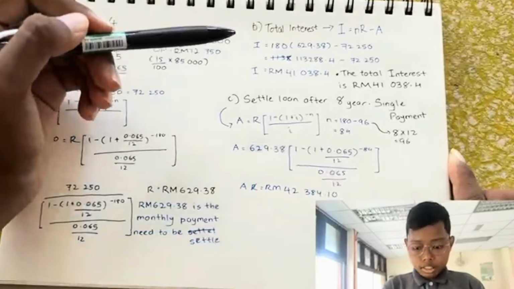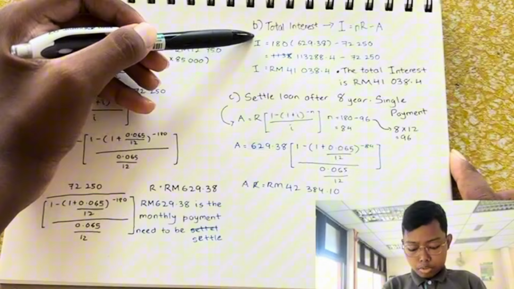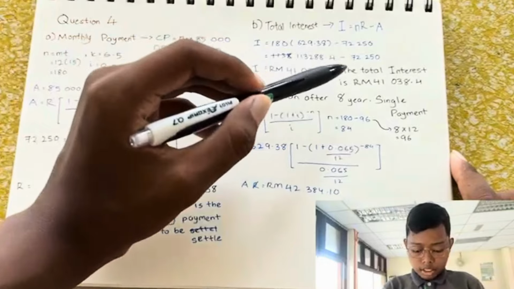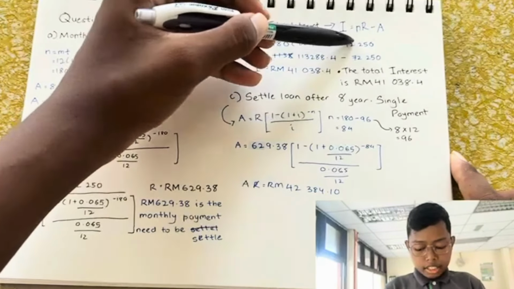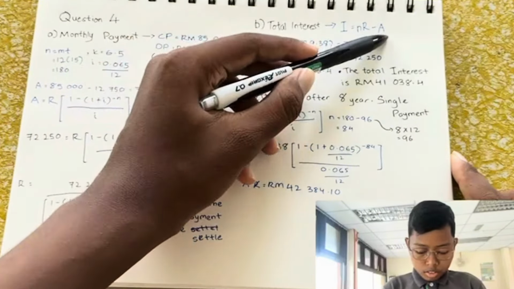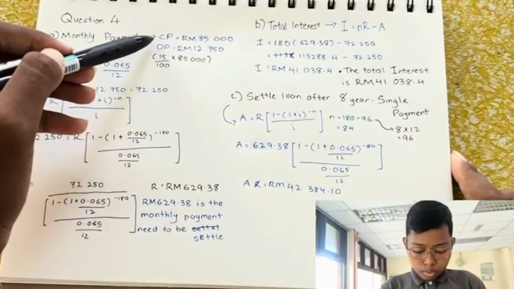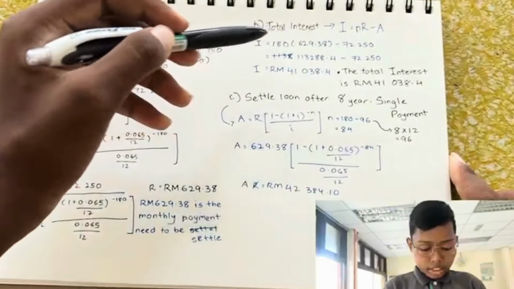We move to B. We need to find the total interest. For that, we need to use the formula I equals nR minus A. A is the cash price minus the deposit, so A is the balance.